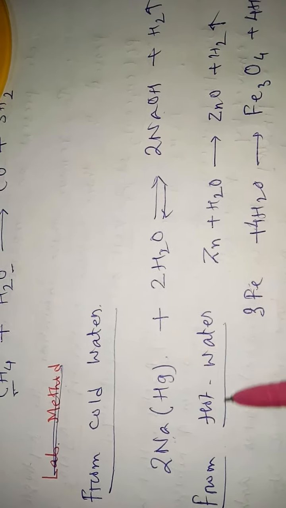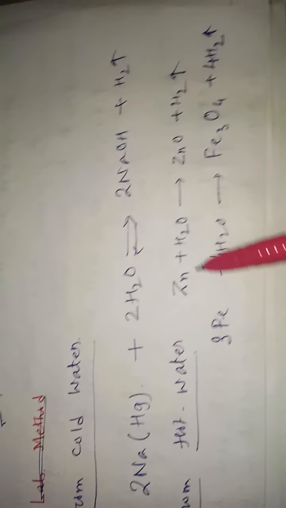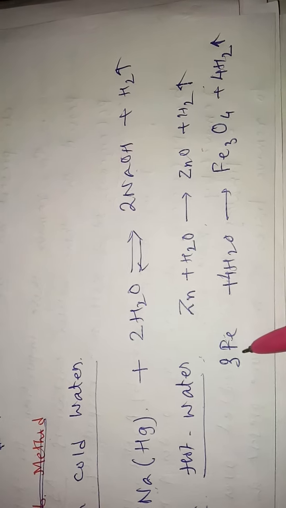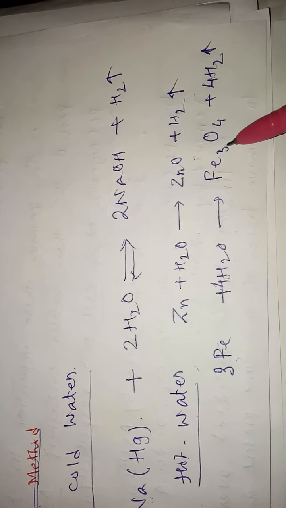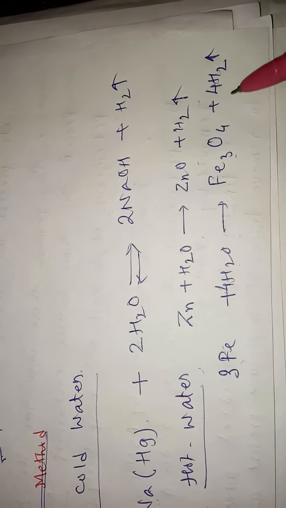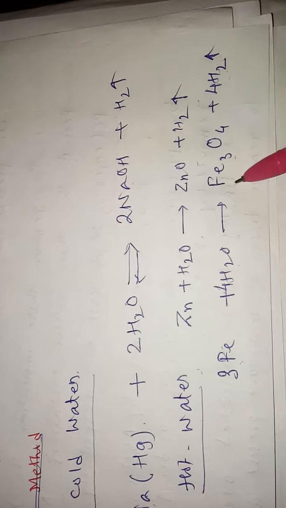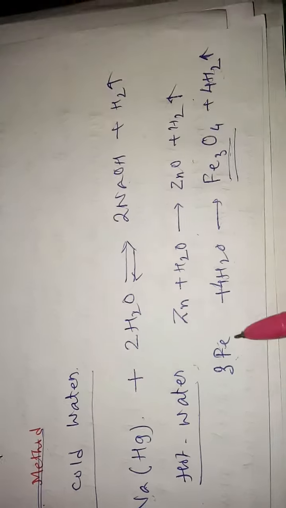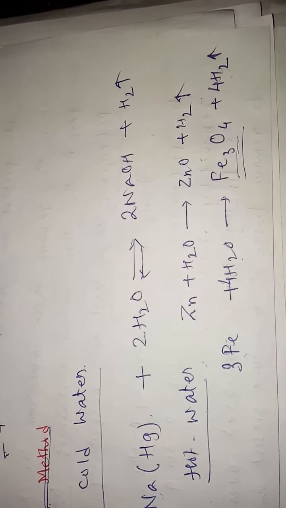Reacting with hot water, zinc reacts with the water forming zinc oxide plus hydrogen. Iron reacts with the water forming iron oxide plus 4H2. This is ferroferric oxide. This is an example of mixed oxide. This is iron reacting with the water forming this one.